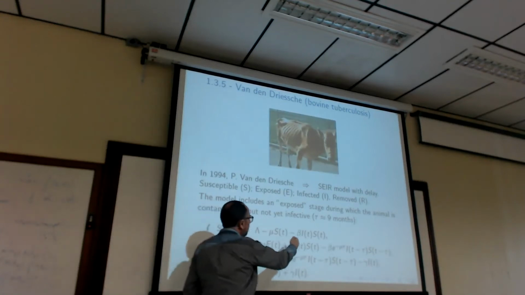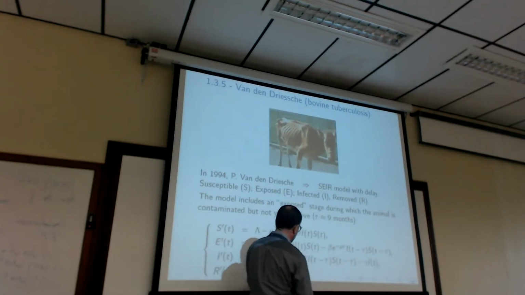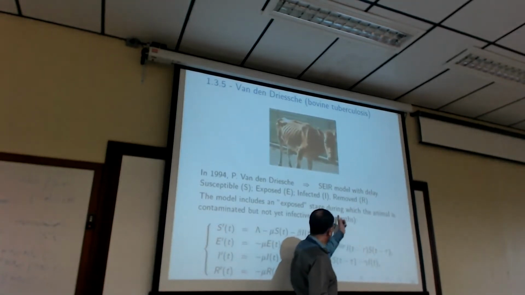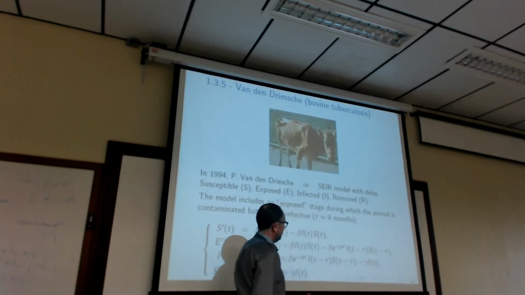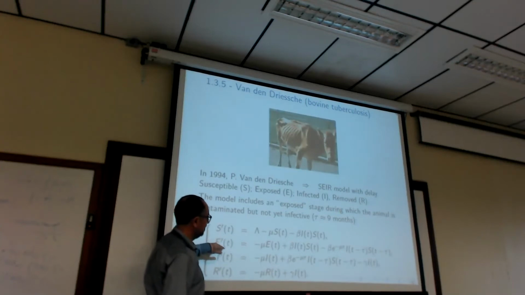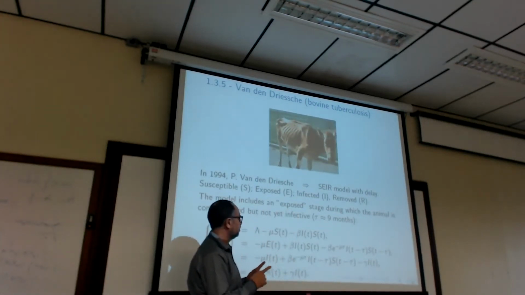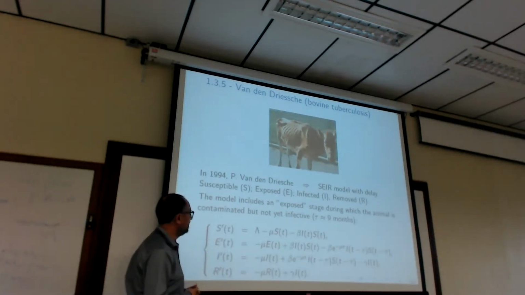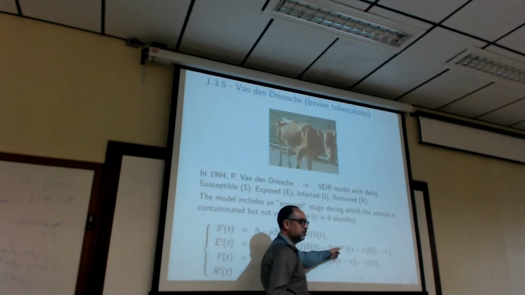This population comes here and we take it off because they will go to this part, but we have to wait 9 months, and this is the survival rate in the exposed population because the mortality rate is given by mu, and the duration of this compartment is exactly tau.